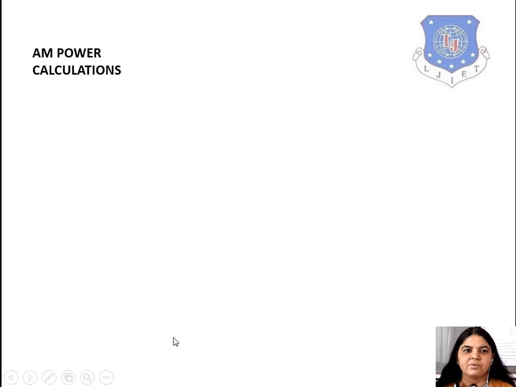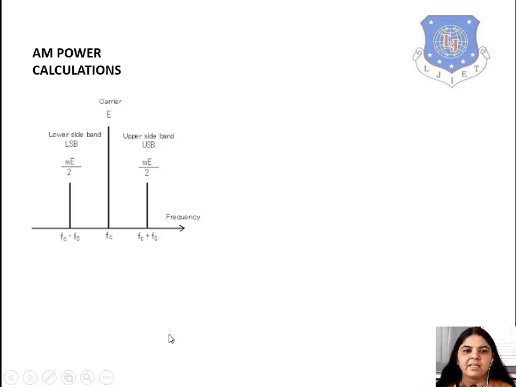In the last video, we calculated the equation for the total power. As we know, in AM power calculations we calculate how much power is required to transmit the AM signal.